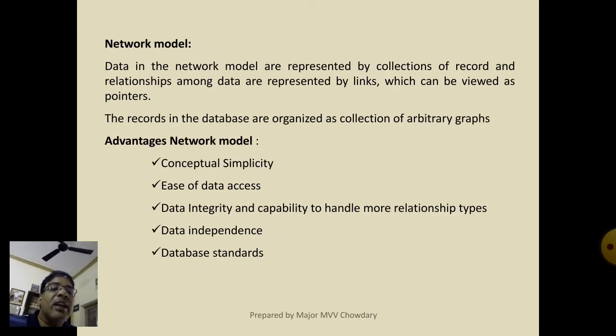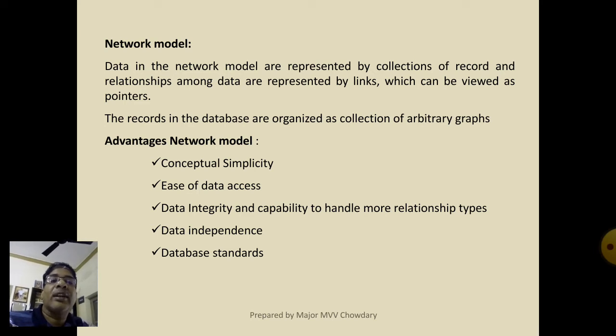A relation is a matrix composed of intersecting rows and columns. It is also known as a table. Each row in a relation is called a tuple. Each column represents an attribute.